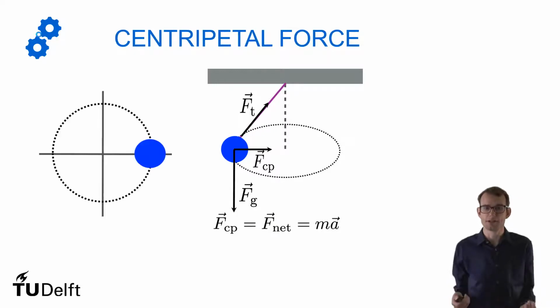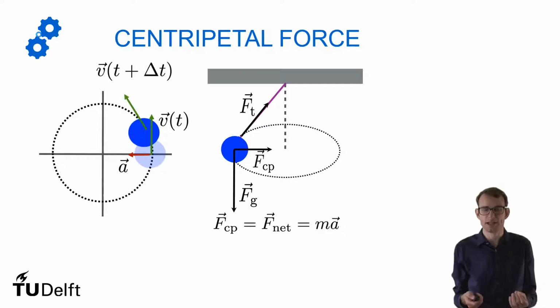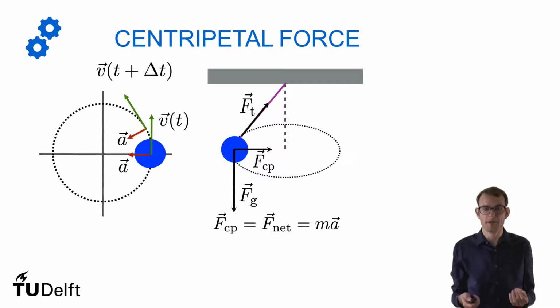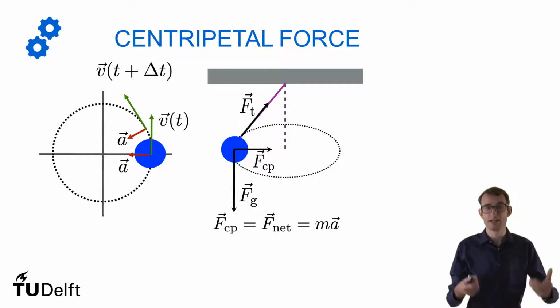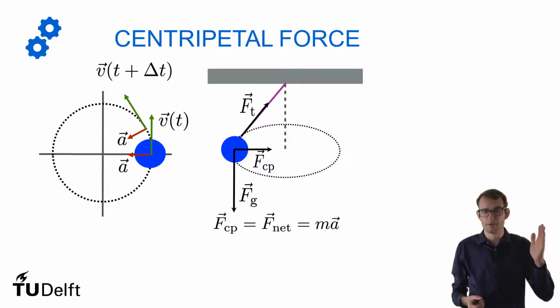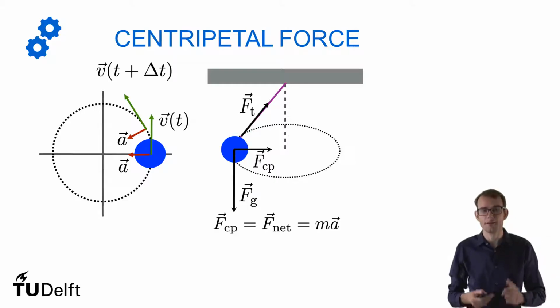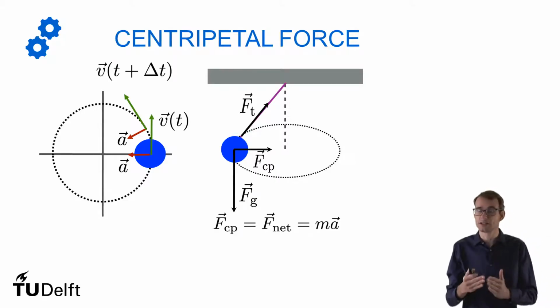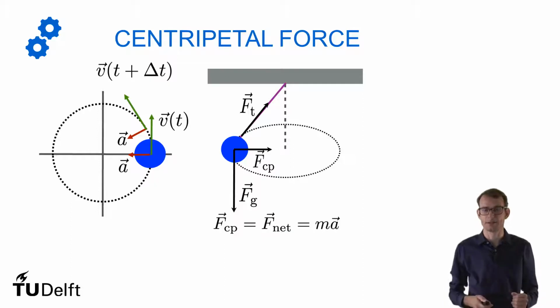We have a velocity that's tangent to the circle, an acceleration pointing inwards, and therefore over time the block will have some displacement along the circle, and in this new position the velocity will still be tangent to the circle and the acceleration will still be pointing inwards. And so every time step we move a little bit along the circle with the velocity and acceleration changing direction but staying perpendicular to each other.